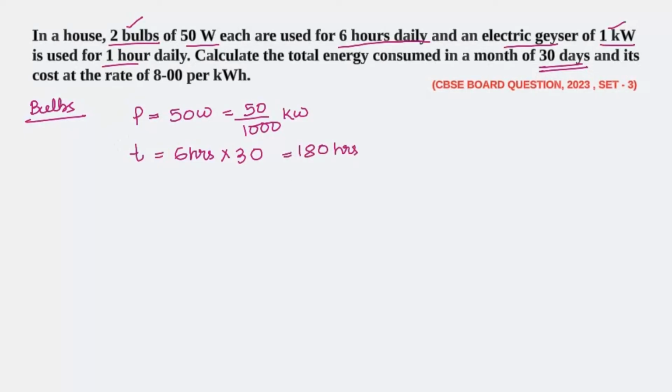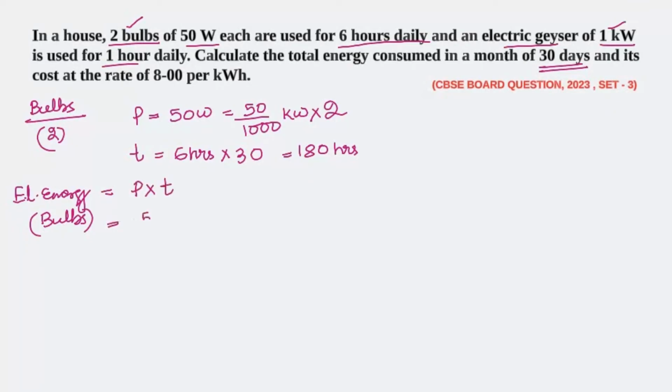Now the power 50 by 1000 is for one bulb. Now there are two such bulbs, so for finding out the total power, we'll have to multiply it with 2. Now let us find out the electrical energy consumed by both the bulbs, which is power into time.